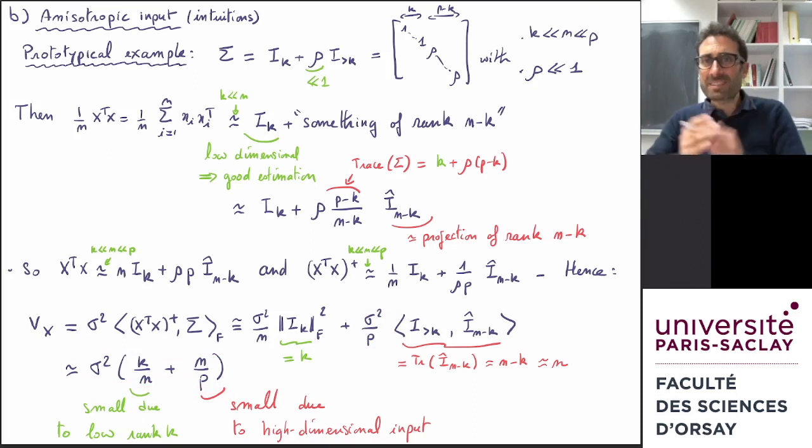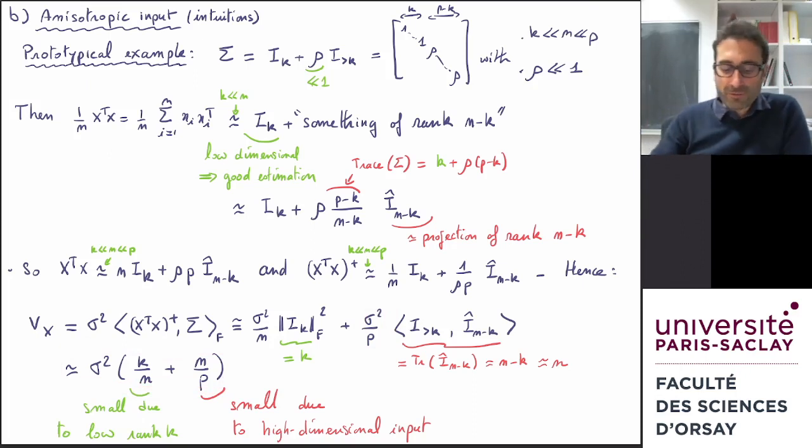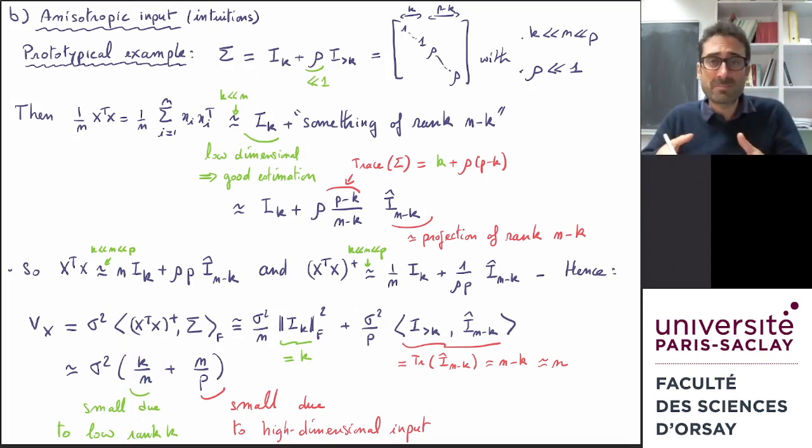So here you can see something interesting. For the low dimensional part, we have a lot of signal, and we have something like k over n. And this is what we are used to. We are used to having the dimension divided by the sample size, right? And this is exactly the classical setting on the estimator.